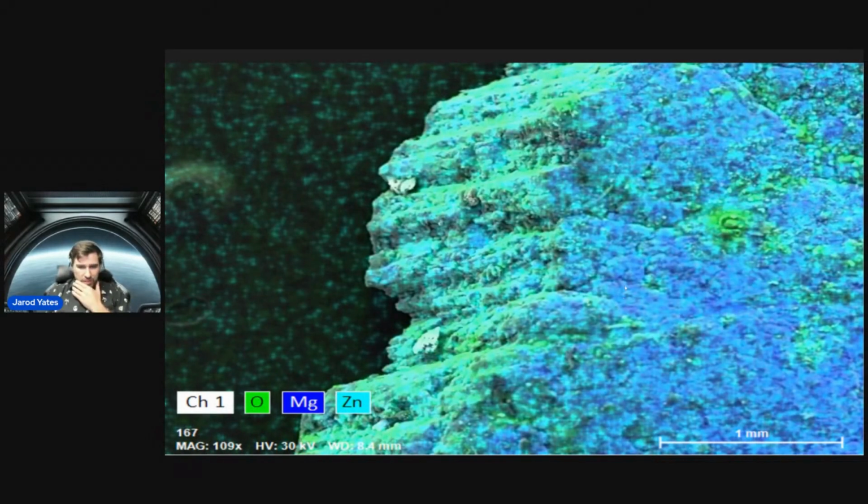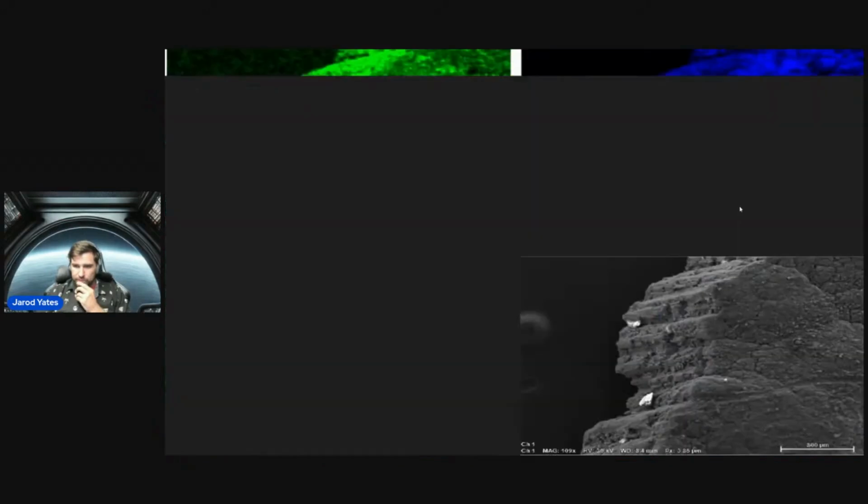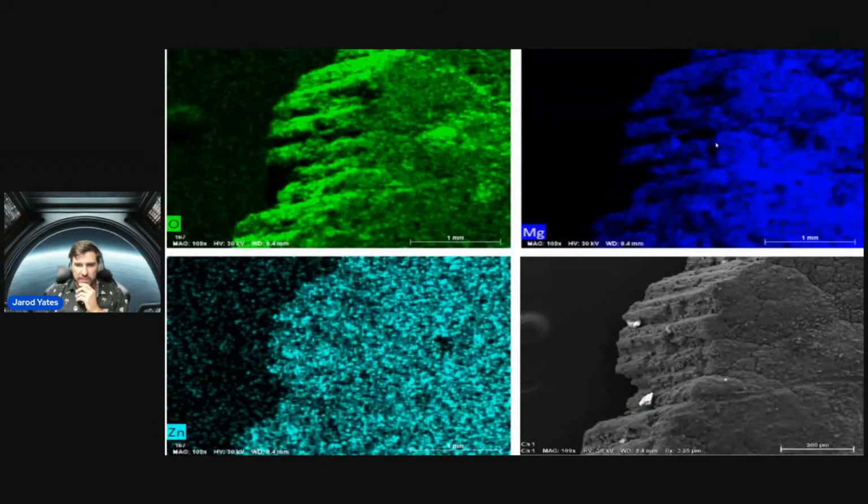So for this image, you can see the green spots is your oxygen, the darker blue spots is your magnesium, and then these turquoise spots, that's all your zinc. Splitting it into its constituent colors here, you can see how you have oxidation very strongly in that spot there.